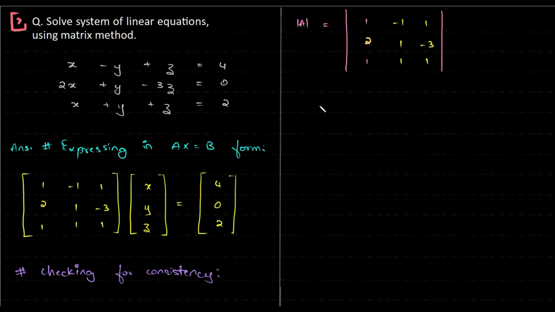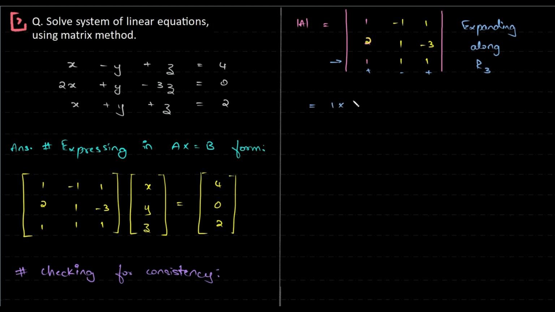Now what do we have? We can take up, I guess, expanding along R3. So this would be plus, minus, plus.